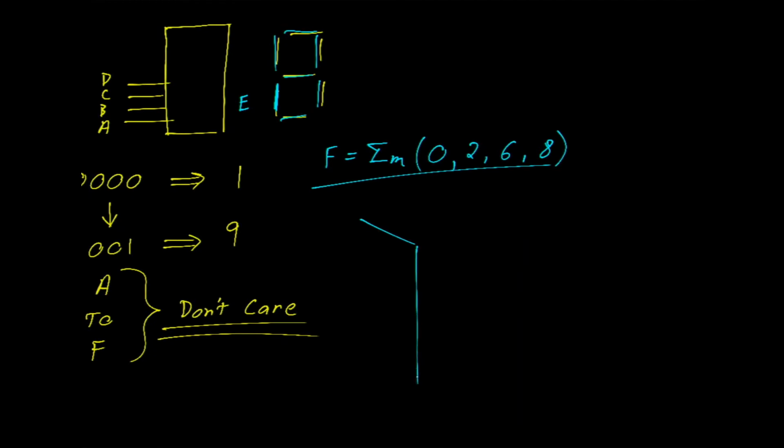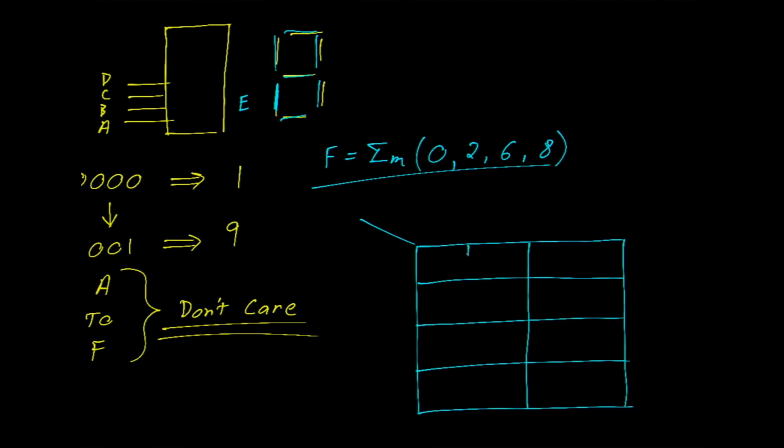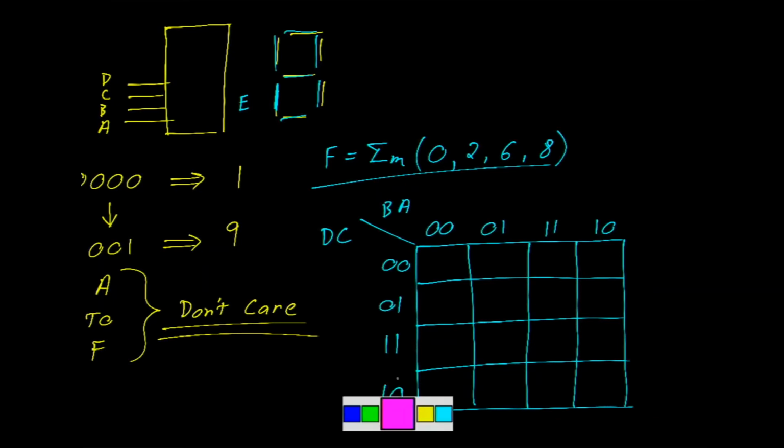With that said, let's make our K-map with inputs DC and BA. Here's minterm 0. Here's 2, 6, and finally 8 is way over here. So those are the minterms we're sensitive to.